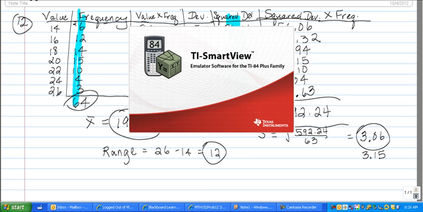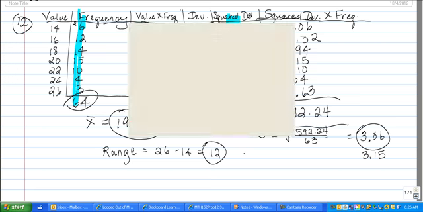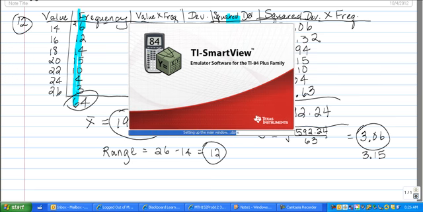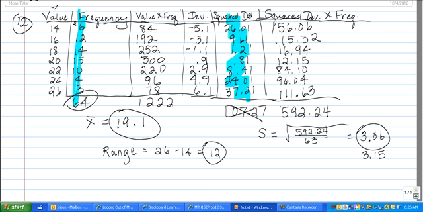The TI calculator is ideal for doing the mean and the standard deviation when you have a frequency table, because we enter the values in L1 and we enter the frequencies in L2.